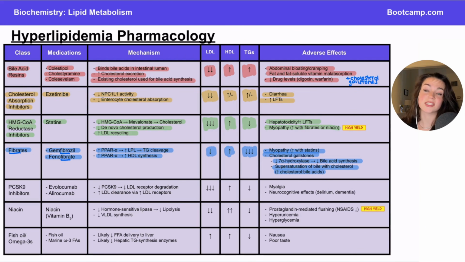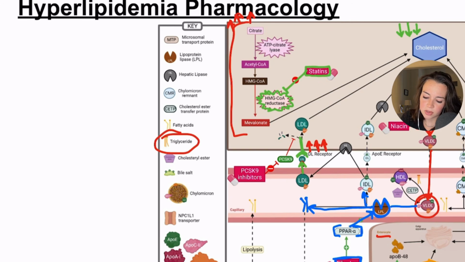Next drug class on our list is sort of a newer drug class in the grand scheme of things. These are the PCSK9 inhibitors. And they all have funny names, with this -cumab suffix, evolocumab and alirocumab. And if you remember, the function of PCSK9 normally is to promote the degradation of the LDL receptor.